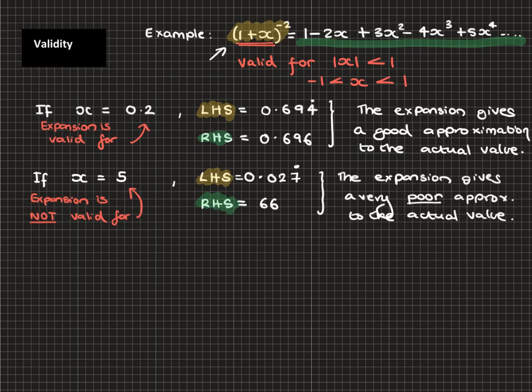So this is why when you are conducting a binomial expansion and your value of n is not a positive integer, i.e. it is a negative or fractional number, then it's really crucial that you set out your validity condition for your expansion, because your expansion will not hold for certain values of x. We're now going to have a look at this graphically.